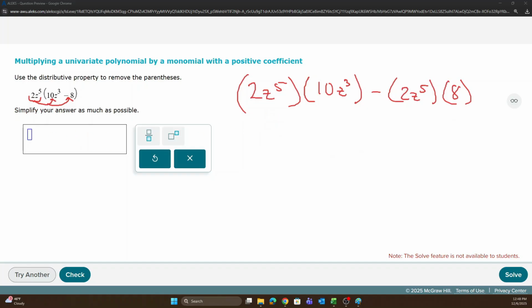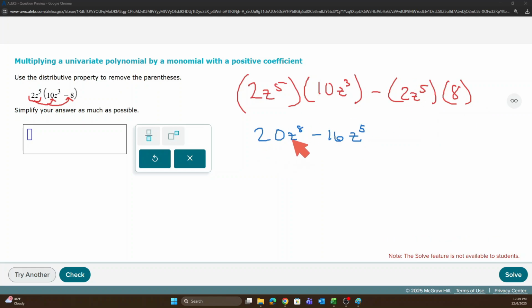So let's calculate these out. We have 2 times 10 is 20. Z to the 5th and z to the 3rd is z to the 8th, minus 16z to the 5th. Since there's no z here, we don't have to worry about it affecting this z to the 5th.